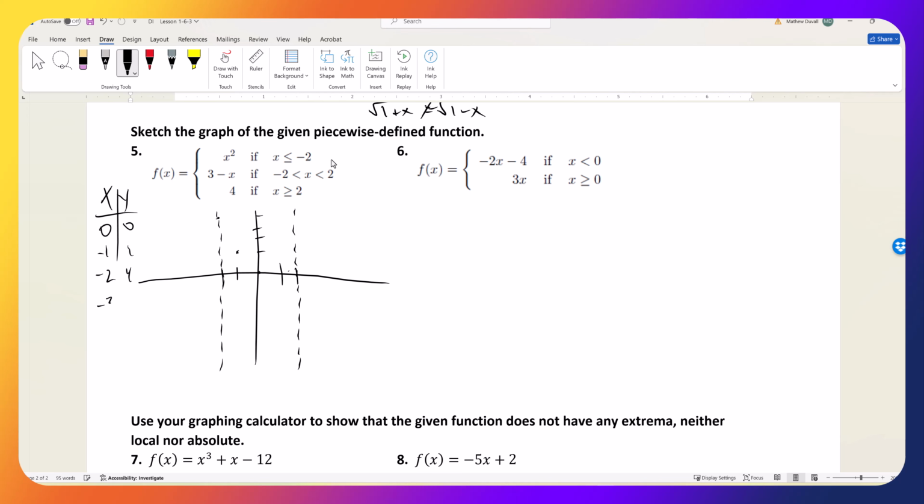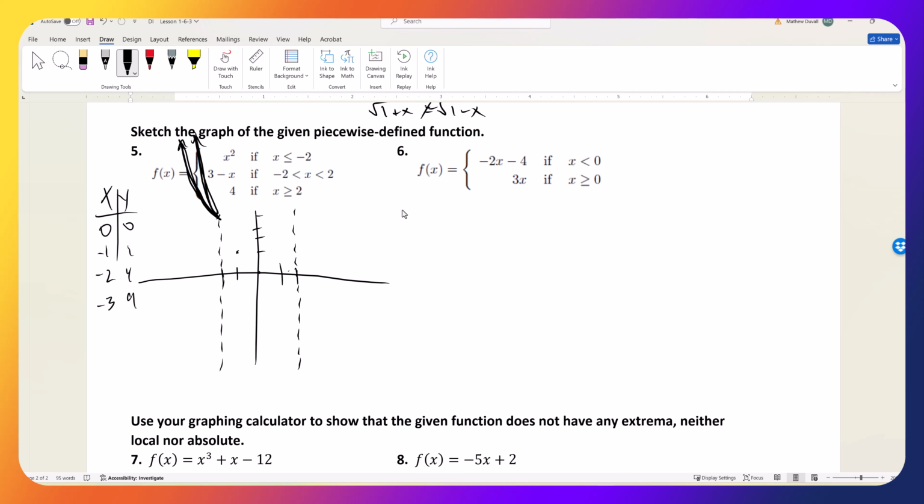And then if I plug in -3, I'm going to get 9, which is a value all the way up here. So it's like the starting value. It might be a little steeper than that. Yeah, it's probably somewhere like that.